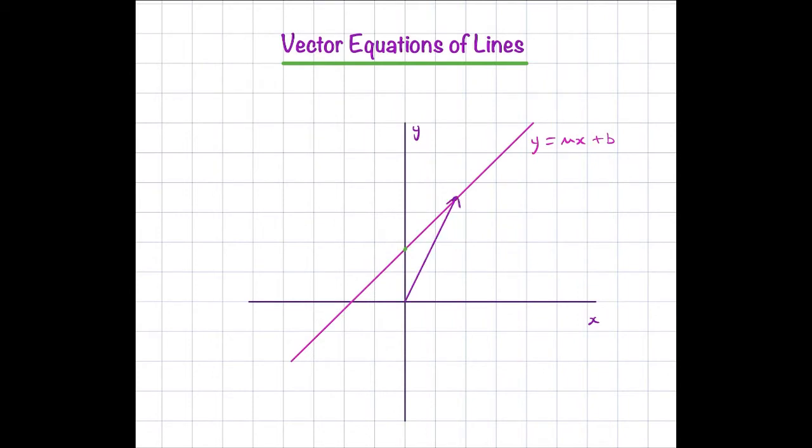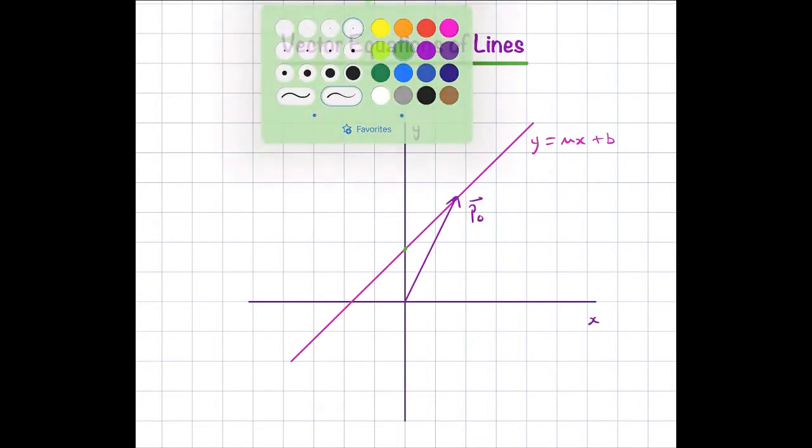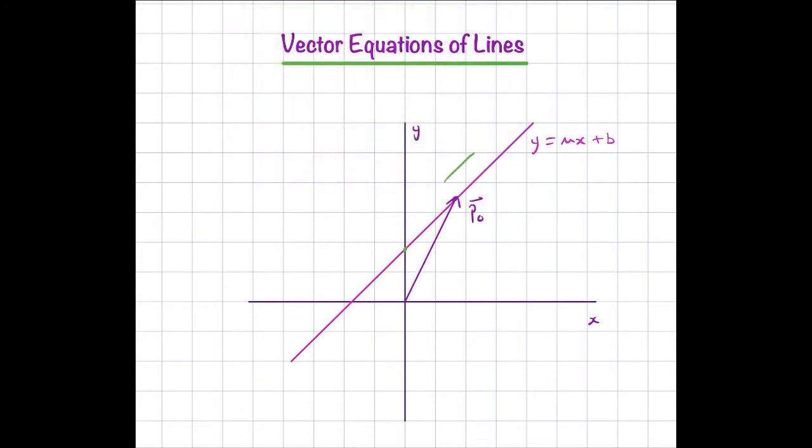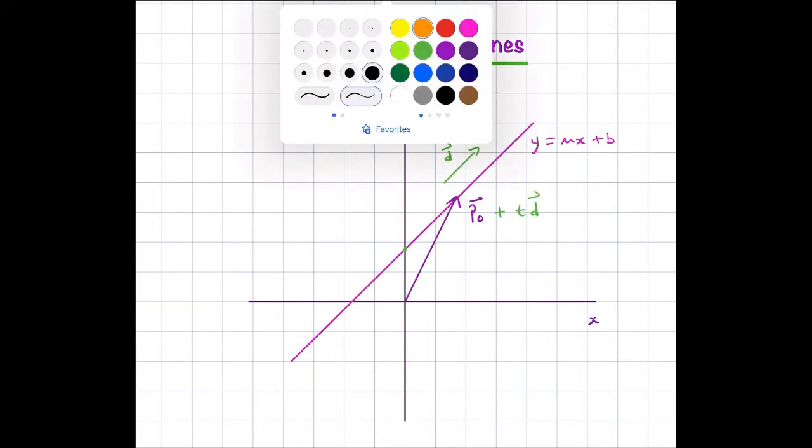We'll call this P0, which is a position vector on the line. And then I'm also going to take what we call a direction vector, which is a vector in the same direction as the line. We'll call this D. I'll start out at P0 here, and then I'm going to add multiples of this direction vector.